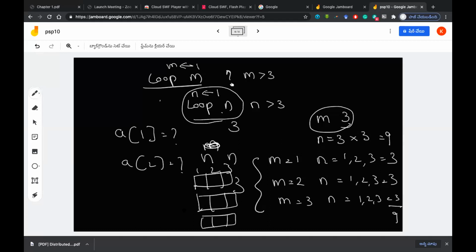So for that, you need to give m and n. Earlier you have written a of n is equal to the input that you are taking, the dynamic input. Now your task is to write a of m comma n is equal to how much? So this is also input.